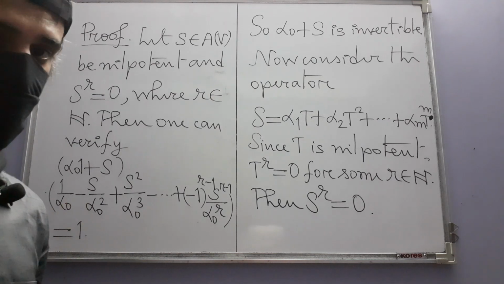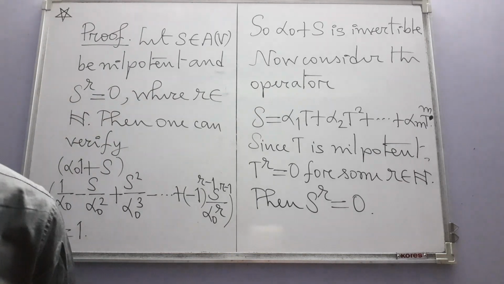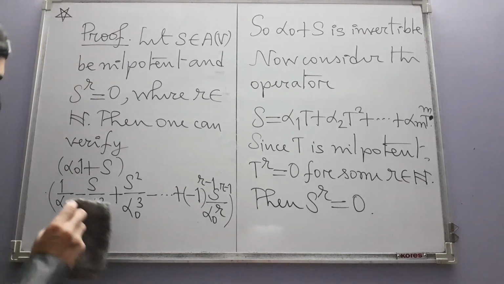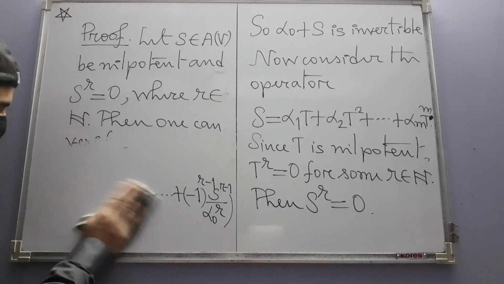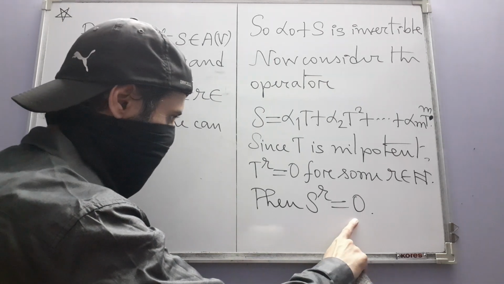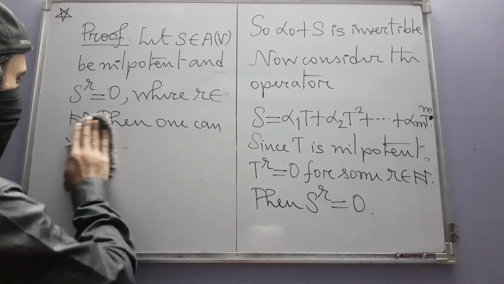And I leave this to you with one hint though. And the hint is this. Two hints actually. So once you know that this is true, then you understand that yes, our S is also nilpotent.